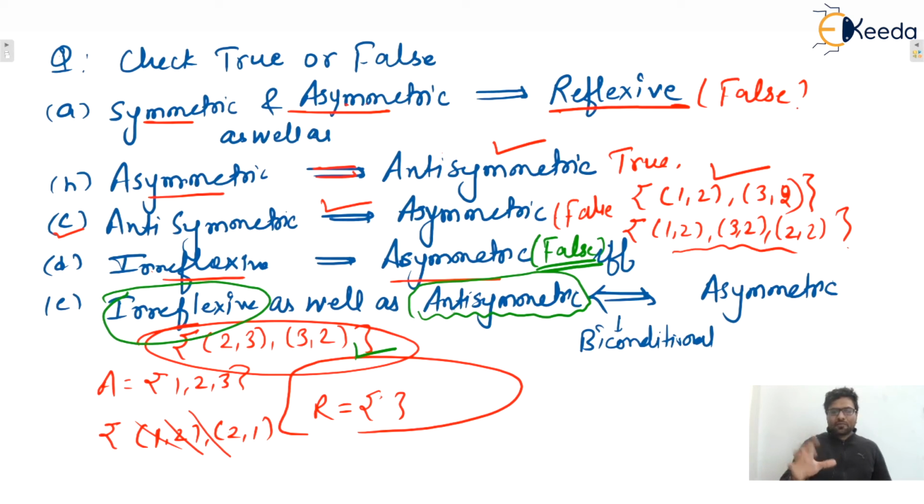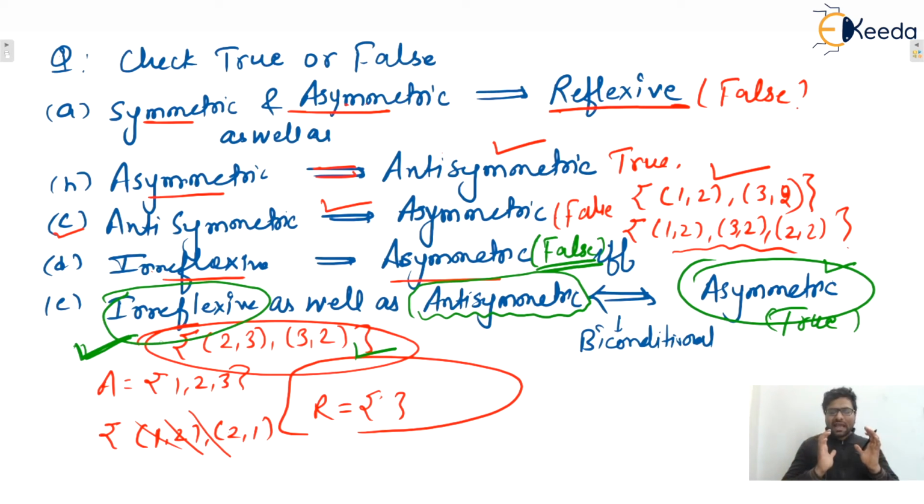So is that asymmetric or not? Yes, that is asymmetric. So we can say that this is true. Why? Because the difference between antisymmetric and asymmetric is only about self loops, and these self loops will be eliminated by the irreflexive.